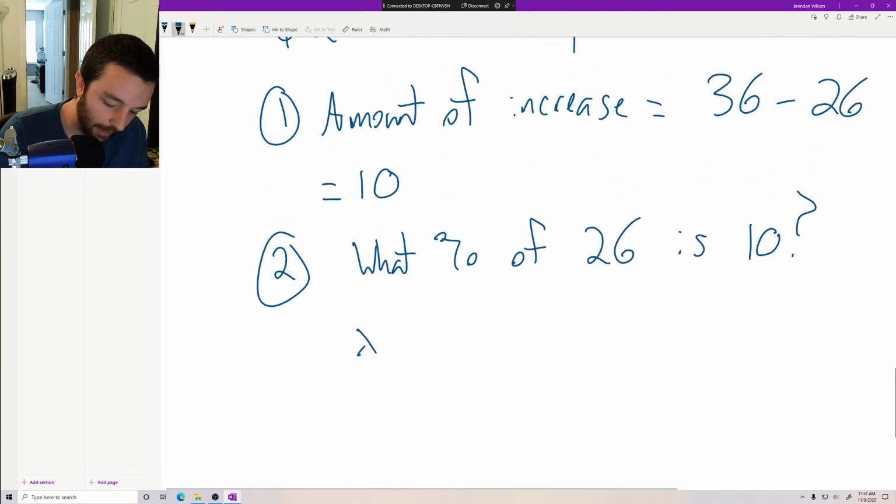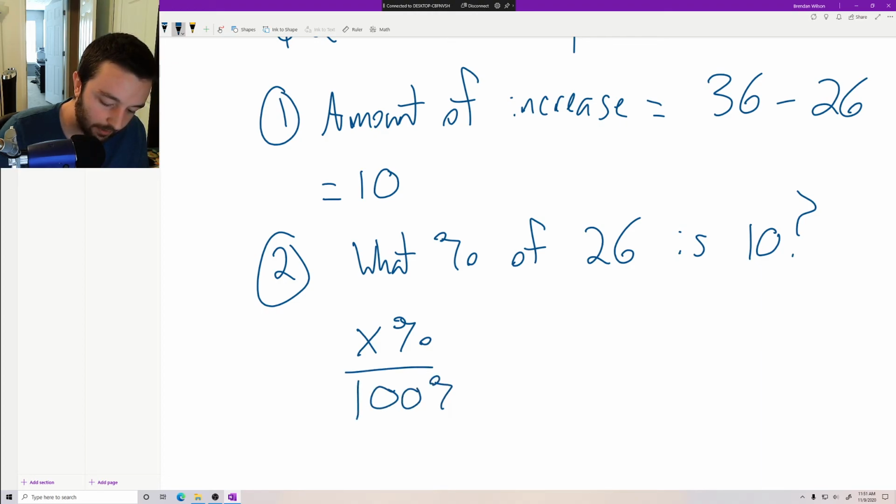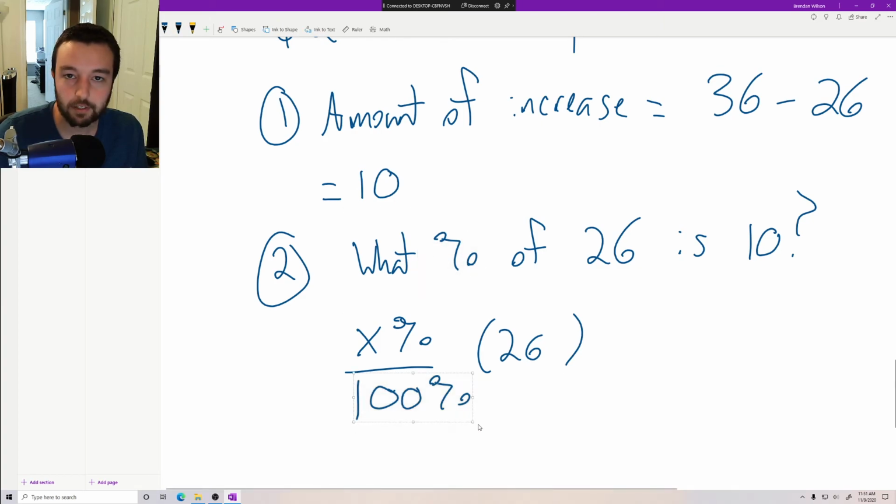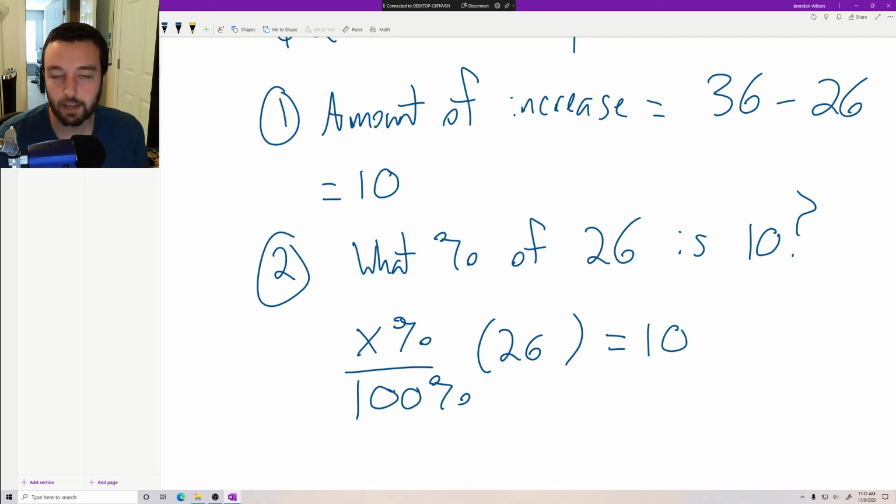Let's say X percent, and then we would divide by 100% and multiply by 26. Whatever number this is, we should divide by 100 to convert it to a decimal, then multiply by 26, and that should equal at the end 10, right?